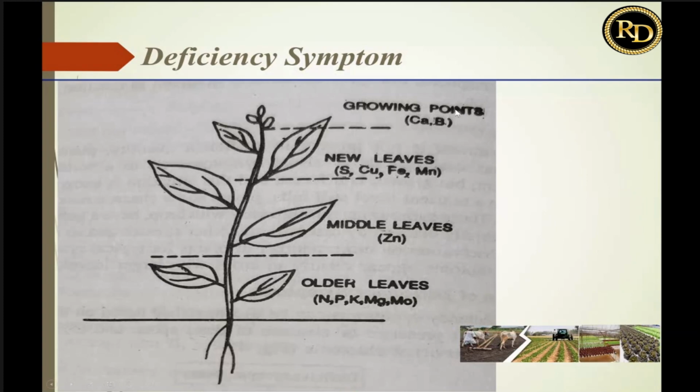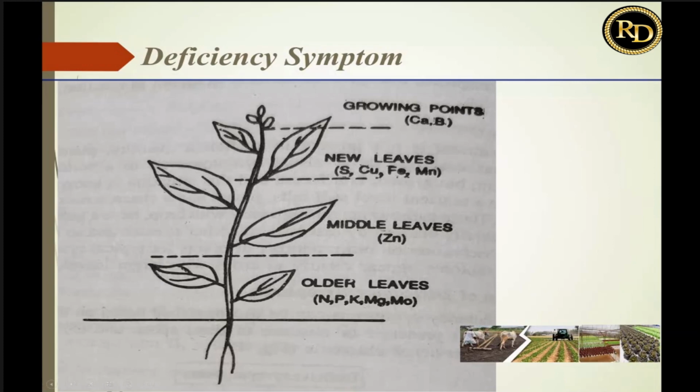The first step for identifying the deficiency of a particular nutrient is to see the location or part of the plant where the deficiency is. Suppose as a grower, you see that the symptom is on the lower leaf. So it is very clear, you need to tweak your NPK, Mg and molybdenum. So these are the nutrients whose deficiency it shows.